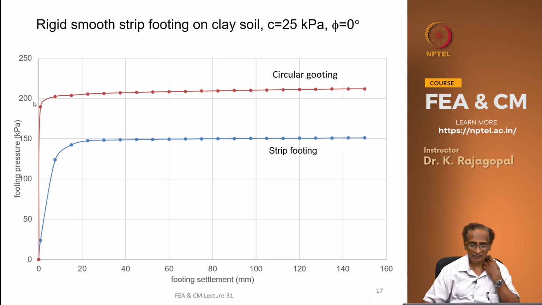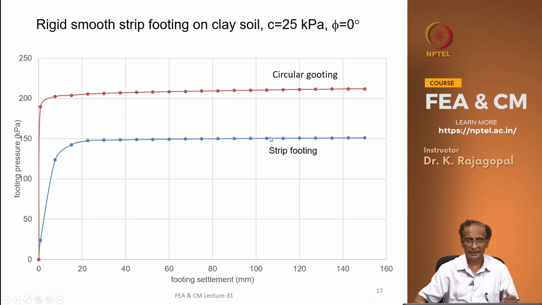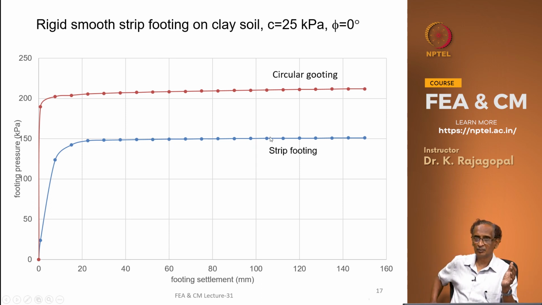And these are the pressure settlement graphs for a strip footing and a circular footing. For a strip footing, it is predicting about 150 kPa, and so your Nc factor for a strip footing is about 6.